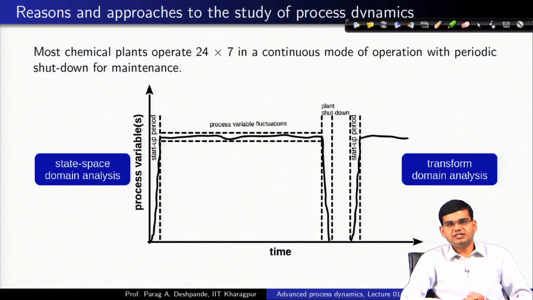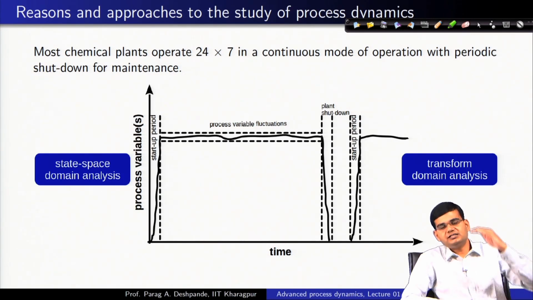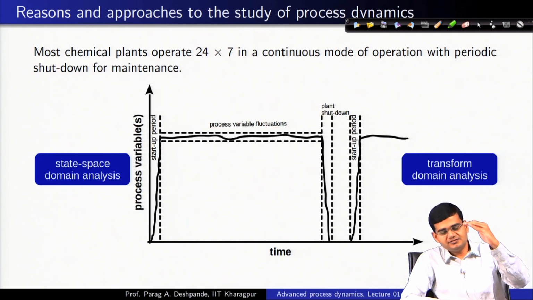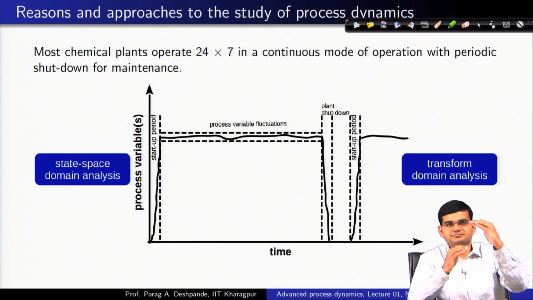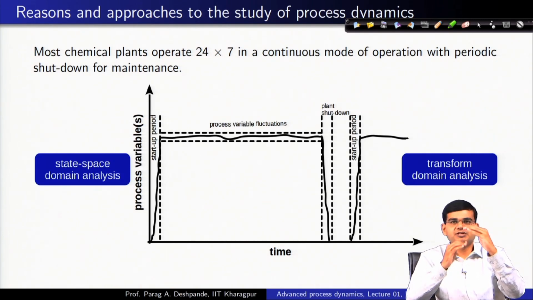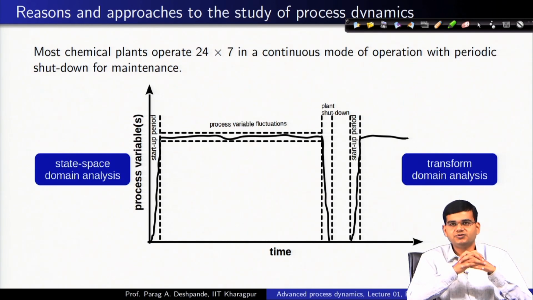But then the question is, if you know that this is the level of temperature which I need, and the temperature falls down by 100 degree centigrade, I need to understand the dynamics of my system between two steady states. This is the initial steady state which you want, the system has gone to the lower steady state, you probably would like it to come back to the original steady state, and so on and so forth.